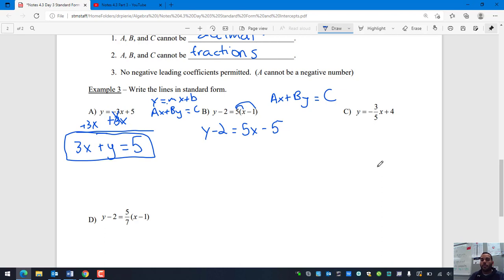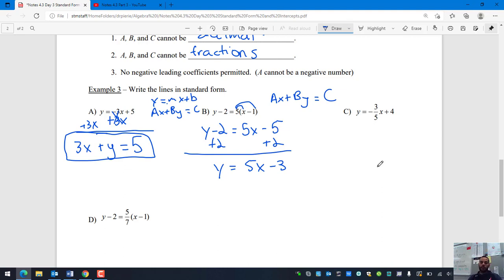Okay, so I want to get the numbers on the right side. So what I'll do probably first is I'll add 2 to both sides to squeeze my numbers together. On my left side, I'll just have y. On my right side, I'll have 5x. Negative 5 plus 2 ends up equaling negative 3 or minus 3. Okay, now I'm super close.